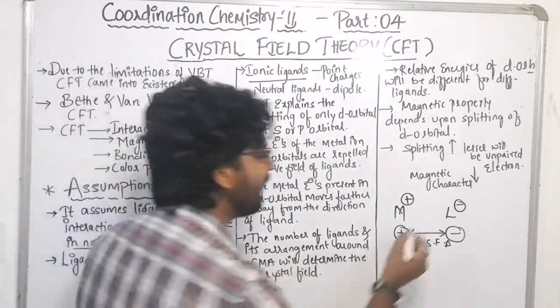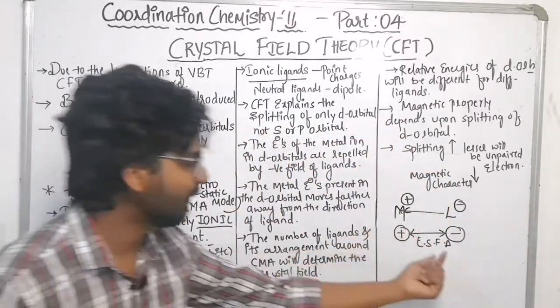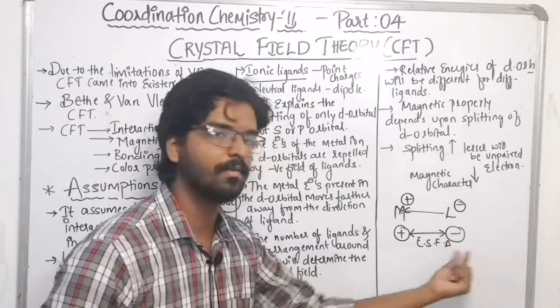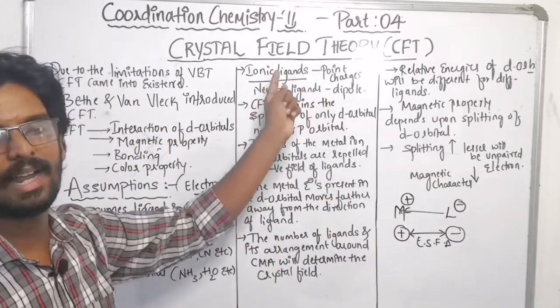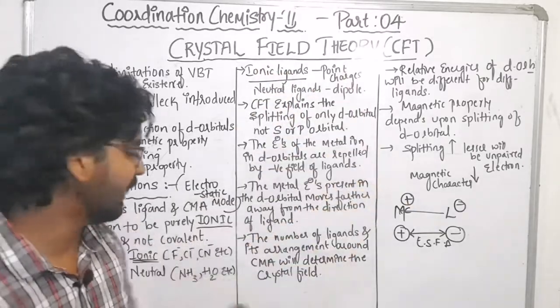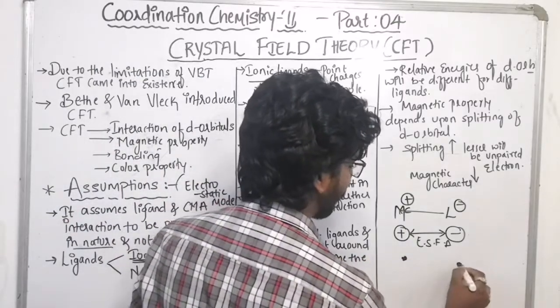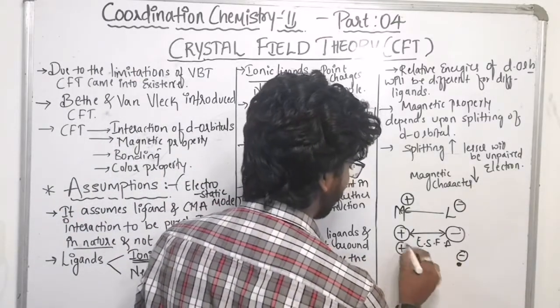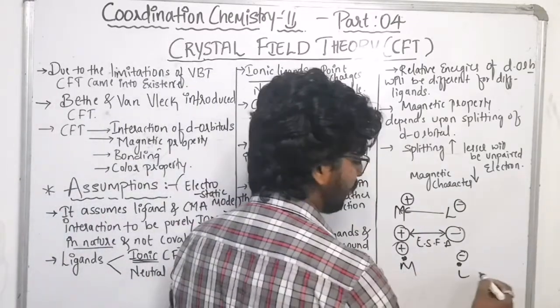That is how a ligand is bound to the central metal ion. So we consider these as point charges when the ligands are ionic, like F minus, Cl minus. Each point is indicated with positive for the metal and negative for the ligand.